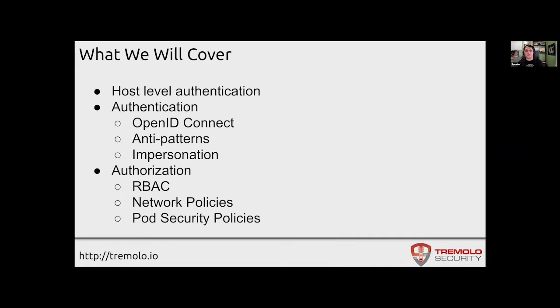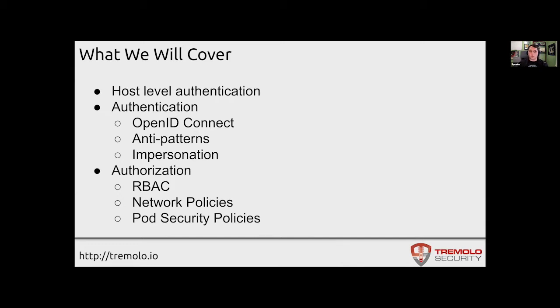So let's talk about what we're going to cover. We're going to talk a little bit about host level authentication, that soft underbelly of the Kubernetes clusters. We're going to spend a lot of time on authentication. This is one that, you know, it's a username password, right? What's the big deal? Well, Kubernetes is really unique in a lot of ways, especially in the enterprise world.